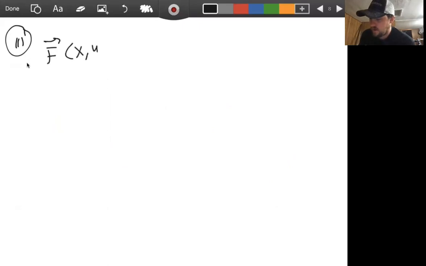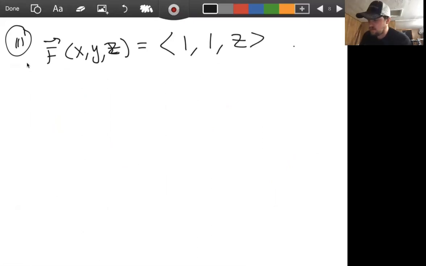Let's look at a 3D example now. We've looked at two-dimensional examples. Let's look at one 3D example. So let's look at f of x, y, z is the vector field 1, 1, z.